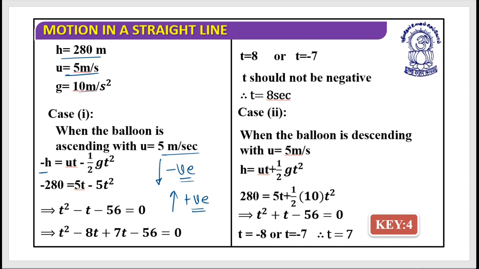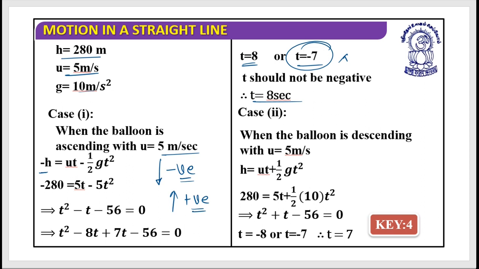You can choose your sign convention according to your convenience. There is no rule that this direction should be positive and that negative. If I solve this, I get two options: t = 8 or t = minus 7, but time cannot be negative, so t = 8 is the answer.